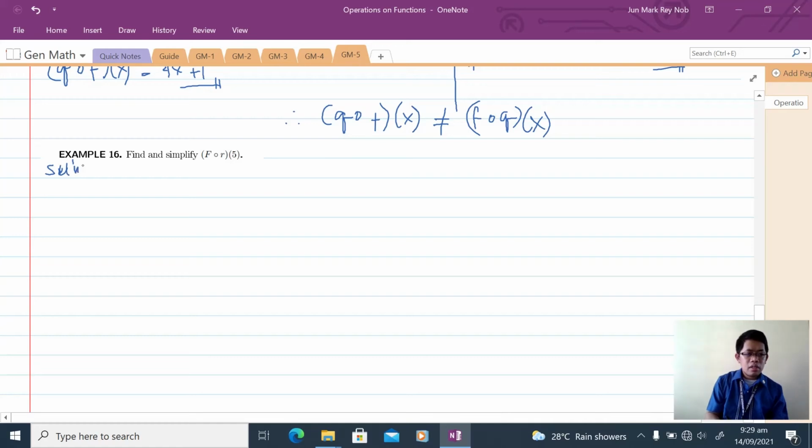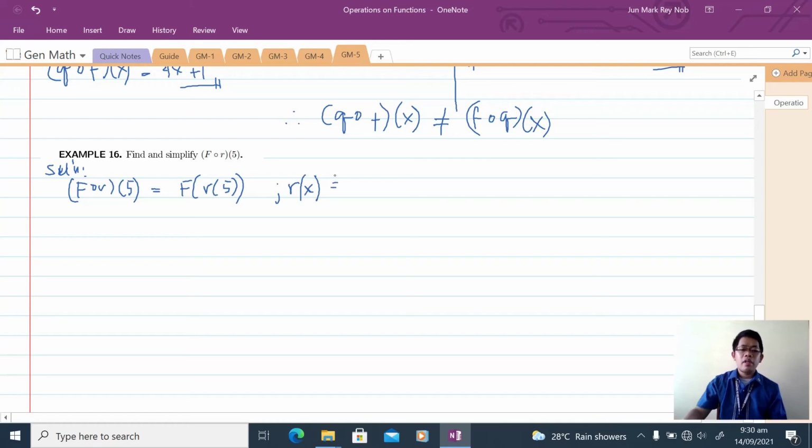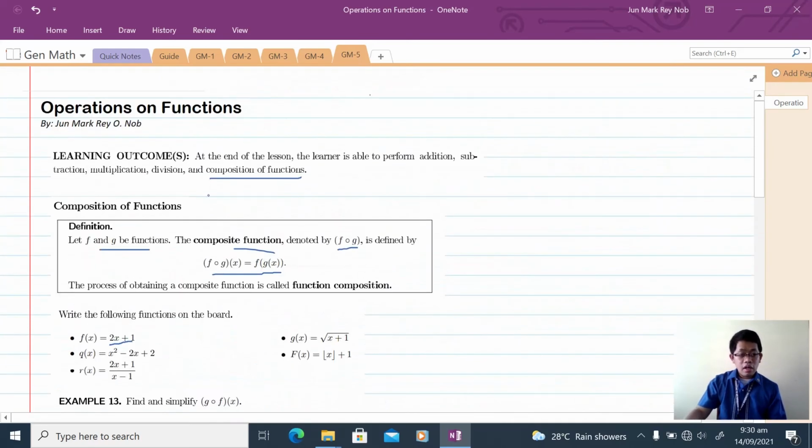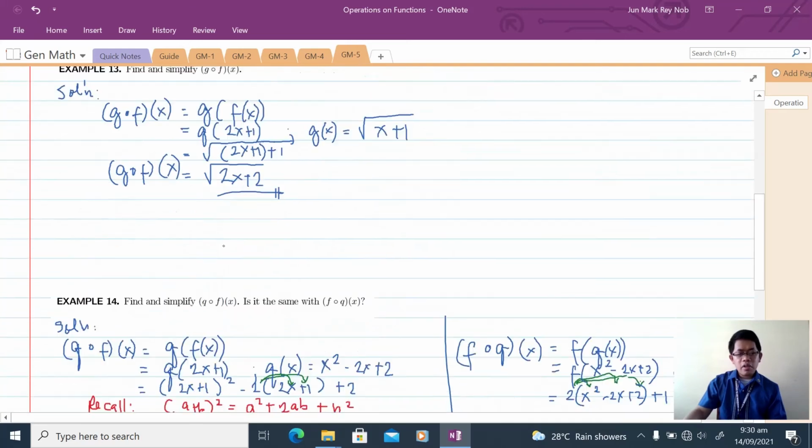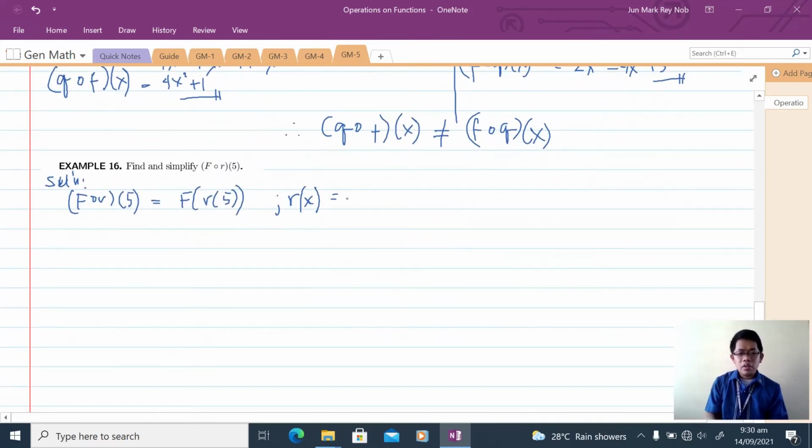So we are tasked to solve the composition of F and R, but the value of our x this time is 5. By definition, this is F of R of 5. Now we need to solve first R of 5. So we have to find out first what R of x is based on the given function. R of x is 2x plus 1 over x minus 1.